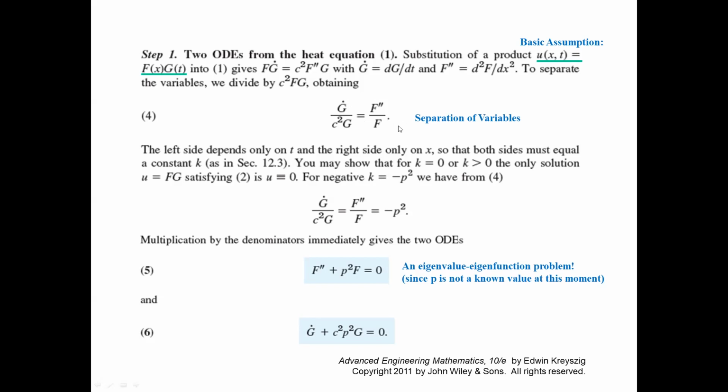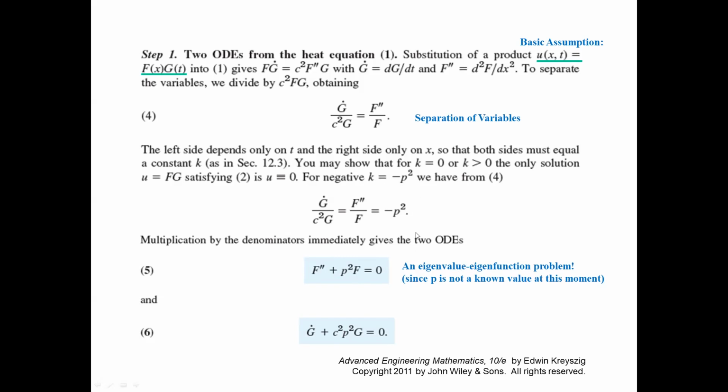And then we can break it up into two equations like this. And the negative p squared is actually k.